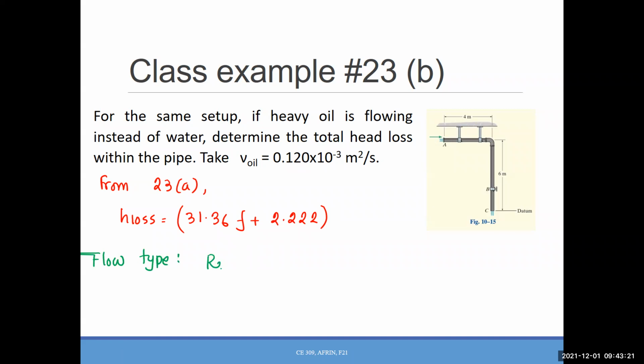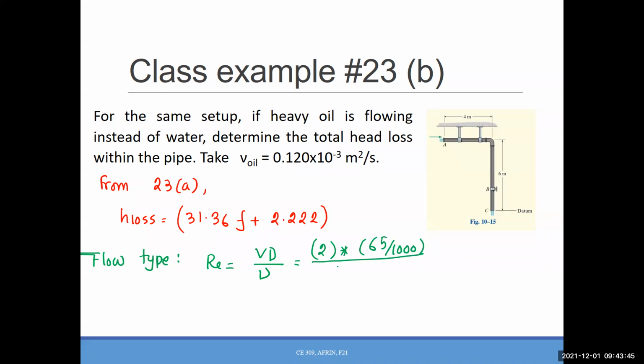Flow type, Reynolds number, rho V D over mu. You may ask, ma'am, why are we again calculating the flow type? The reason is we are using a different fluid here, so the flow type can change. So velocity is 2 again. The diameter is 65 over 1,000.